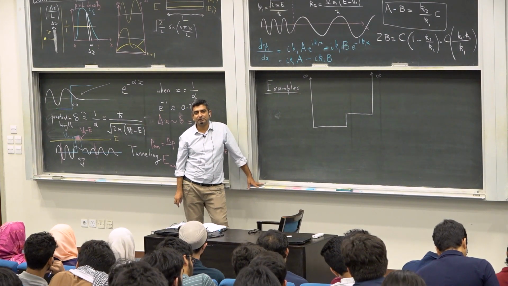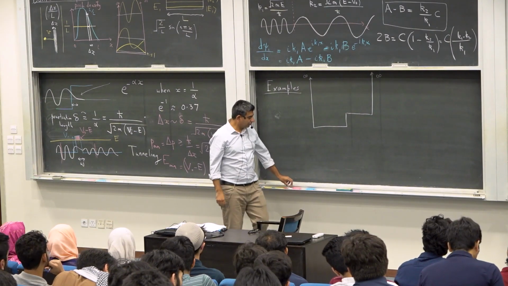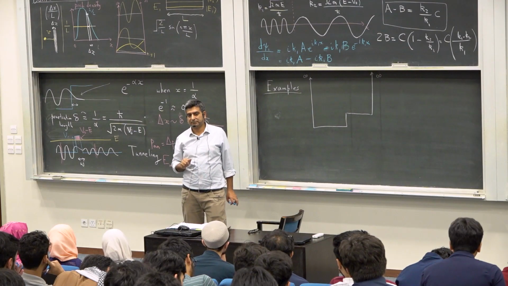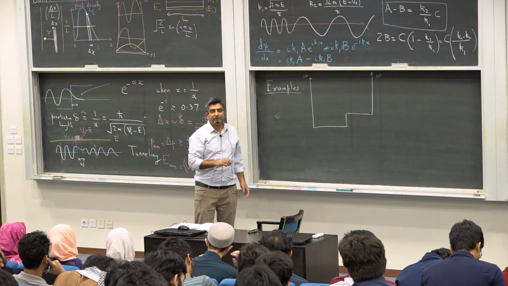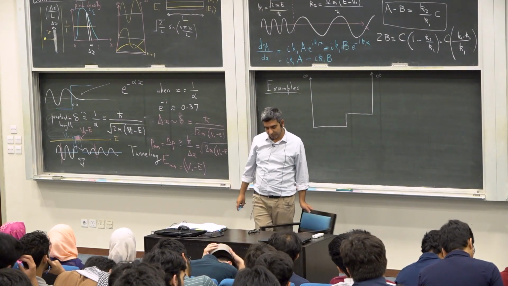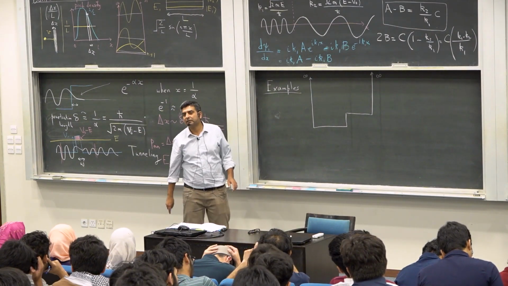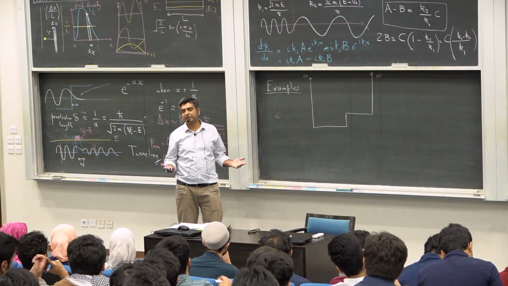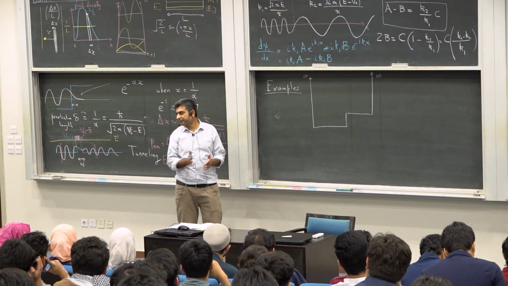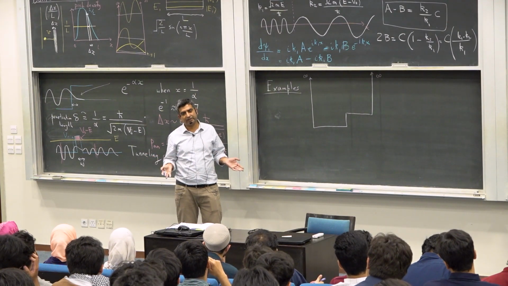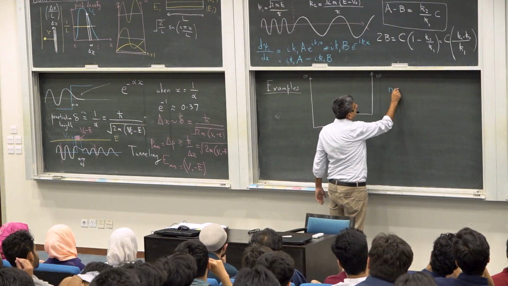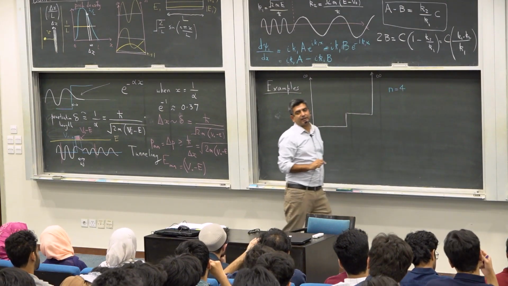We do know that the energies will be quantized. I'll give you some problems of this kind in your exams as well, so think about this carefully. If I want to find the wave function for a particle inside this well, I don't need to solve the Schrodinger equation. I can do it graphically. Suppose I care about n equals 4, the fourth level, the third excited level.